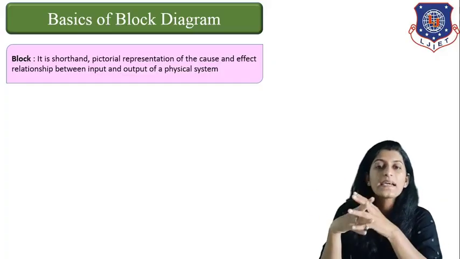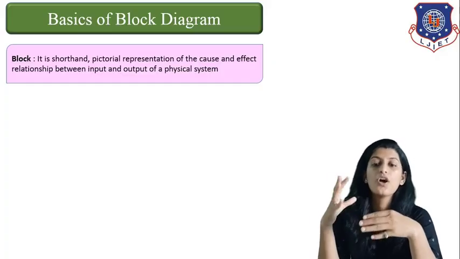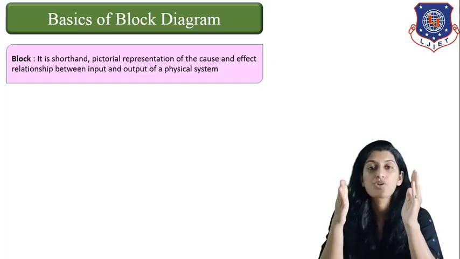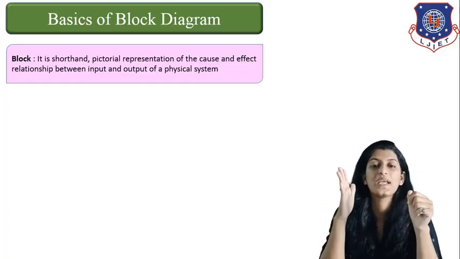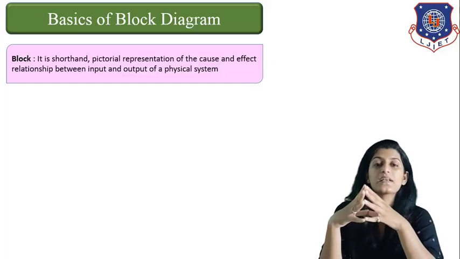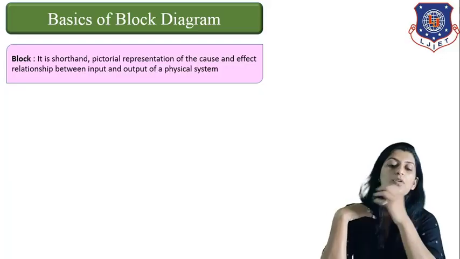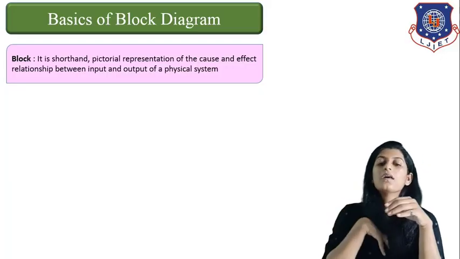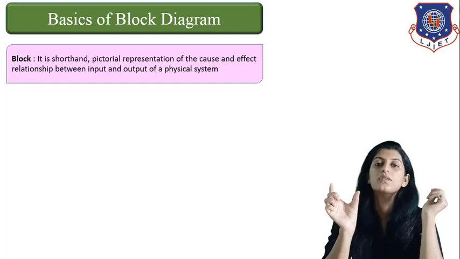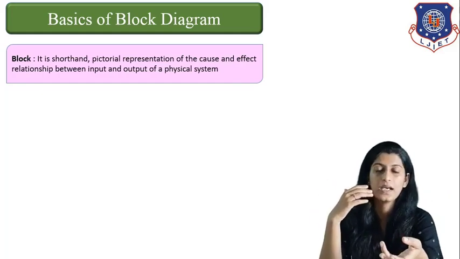A block diagram is a pictorial representation which shows the relationship between input and output of any given physical system. So what is a block? A block is a symbol of the block diagram which we are using.